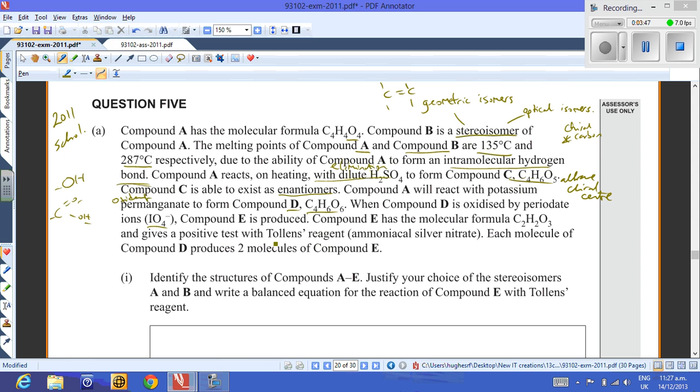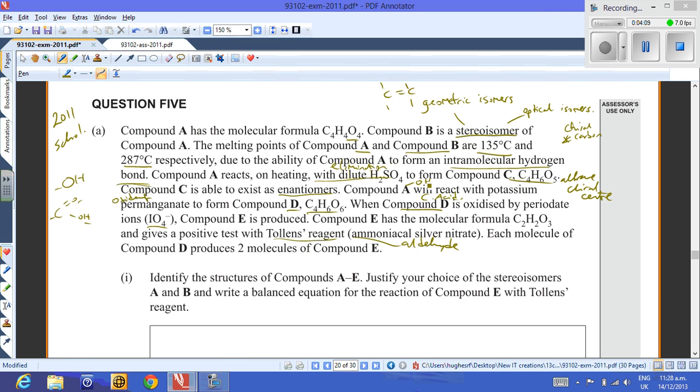It gives a positive test with Tollens reagent, which immediately tells me it's an aldehyde of some sort. So if compound E is an aldehyde, compound D must be a carboxylic acid, and therefore compound A must have had some sort of alcohol group attached to it.